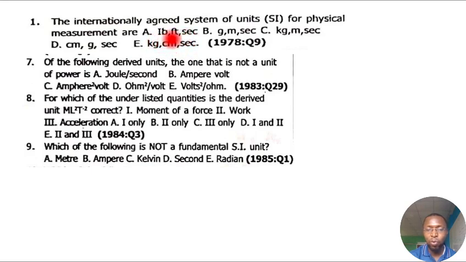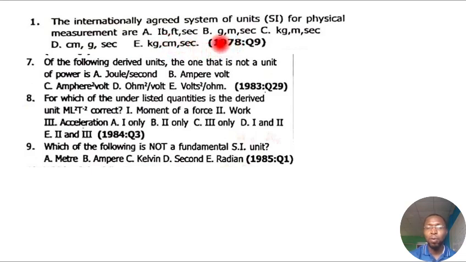We don't use feet again. Second is still in vogue, but we don't use feet. We don't use this particular symbol to represent mass. We use kilogram. We use kg. We don't use lb. We use kg.